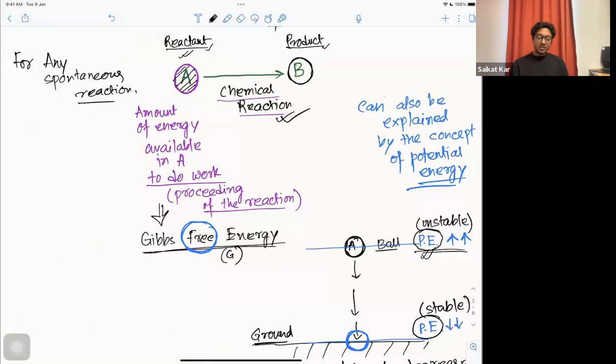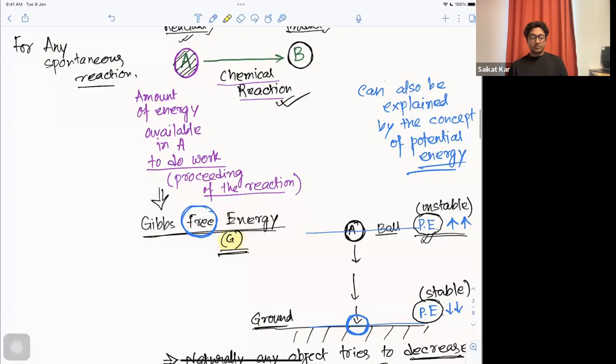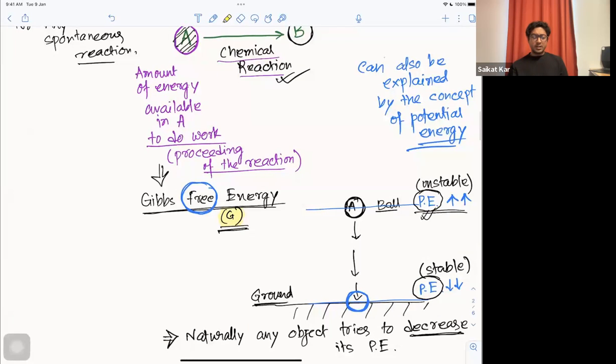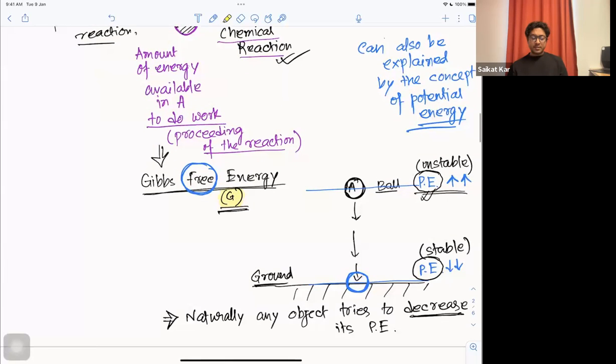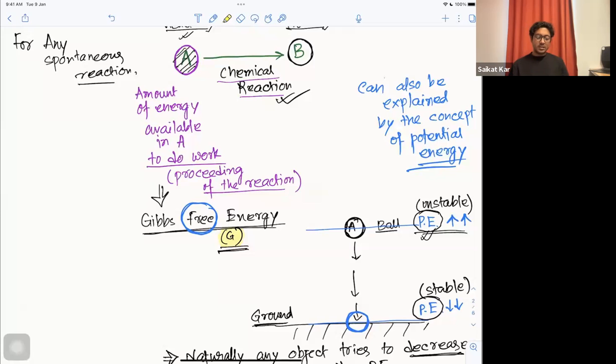But in this case, we are saying it with a new parameter, and those who have studied class 11 know, this is called Gibbs free energy. There are so many equations in this, but we are not going into chemistry. So Gibbs free energy for any spontaneous reaction will always decrease.